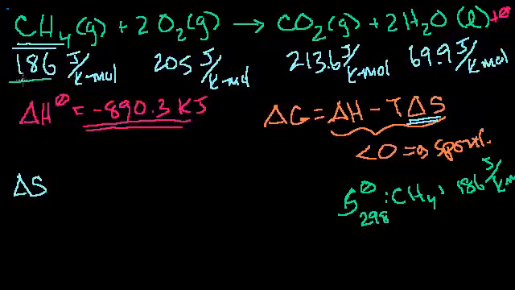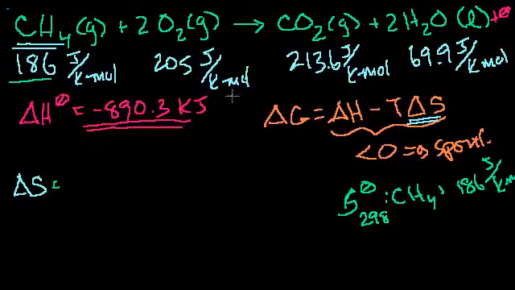So if I have 1 mole of methane, I have 186 joules per Kelvin of entropy. If I have 2 moles, I multiply that by 2. If I have 3 moles, I multiply that by 3. So the total change in entropy of this reaction is the total standard entropies of the products minus the total standard entropies of the reactants, just like what we did with enthalpy.